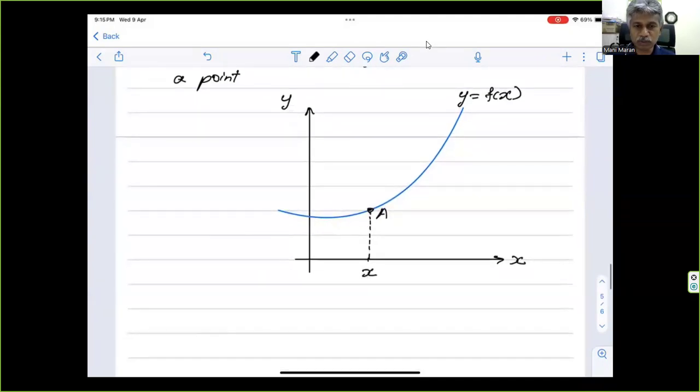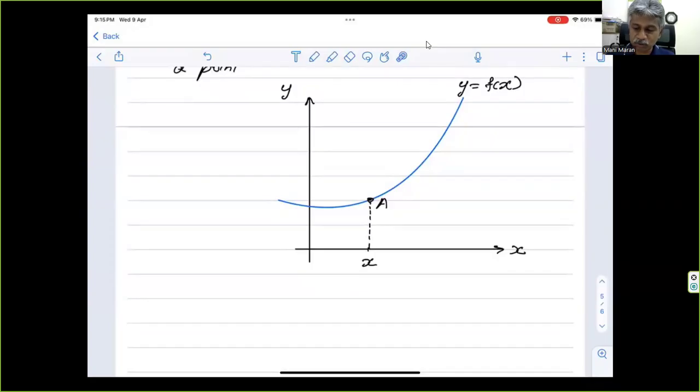Now once you've done this, when the horizontal value is equal to x, the corresponding vertical value will be equal to f of x. So you draw another dotted line here. This value will be f of x, because the horizontal is x, the vertical will be f of x.